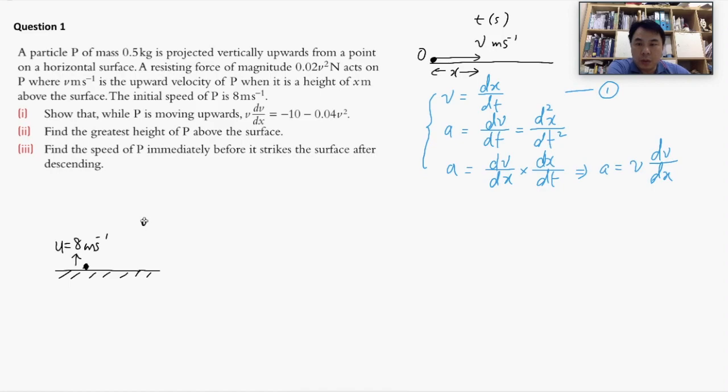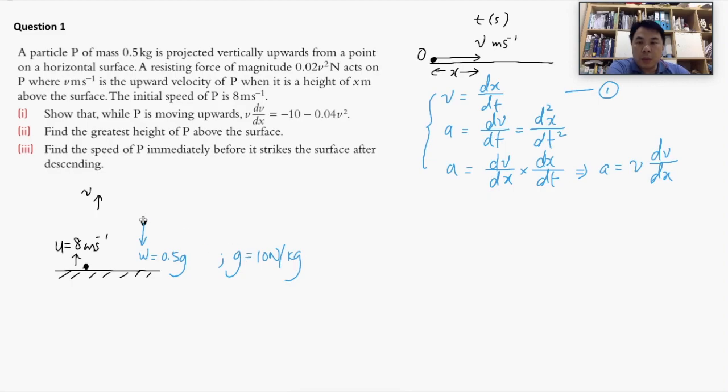Don't forget the direction of velocity is upward. While it is in mid-air, there is a weight acting on the object, in this case 0.5 g. Just to clarify, g is 10 Newtons per kg, the gravitational field strength in this case.